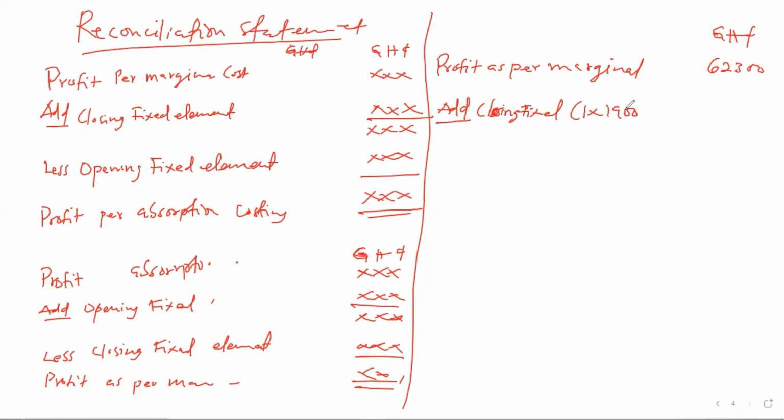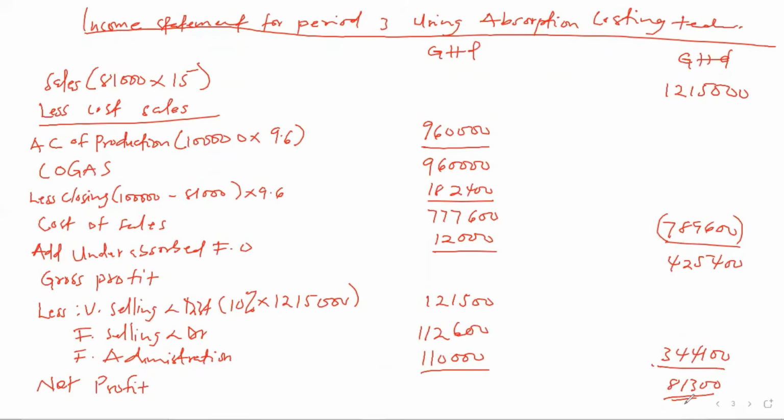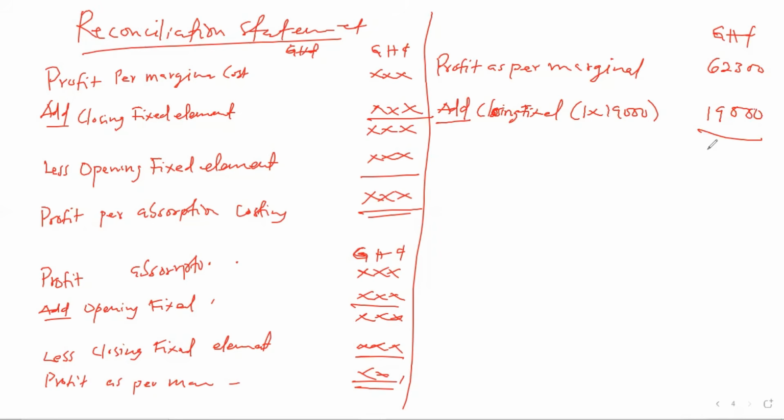And the closing unit is 19,000. So we add 19,000 to 62,300. When you add these two, you get 81,300.